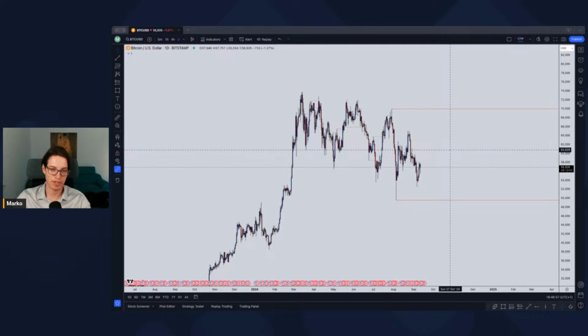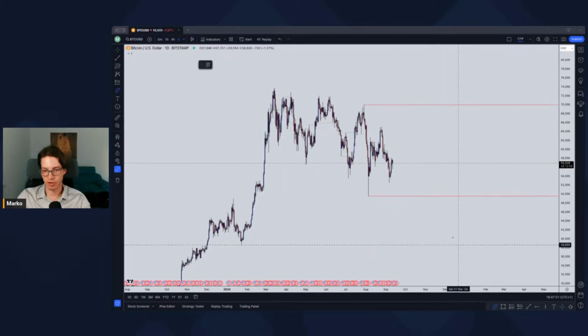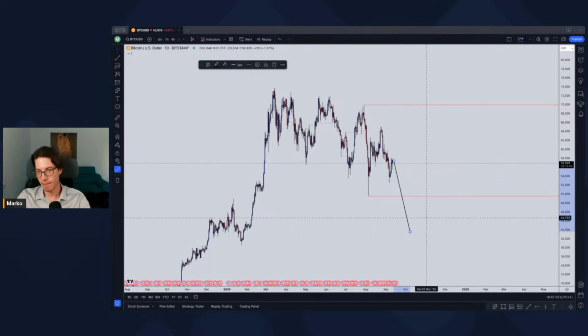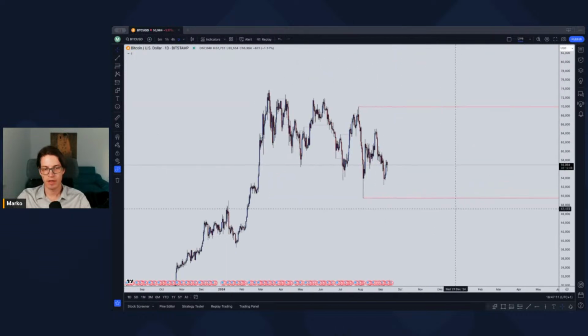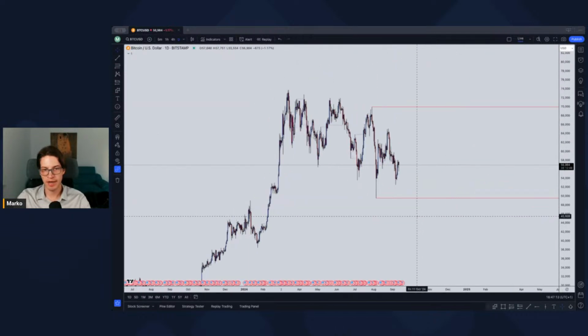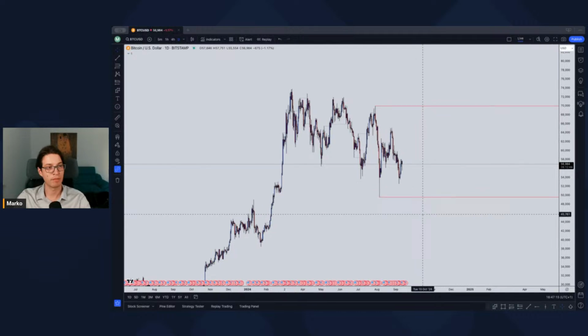I don't think this is going to end in a bullish way. I think it's going to drop, maybe to here, right? So I think a bearish scenario is more likely on Bitcoin.